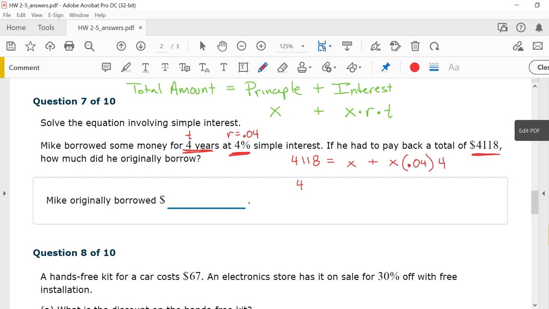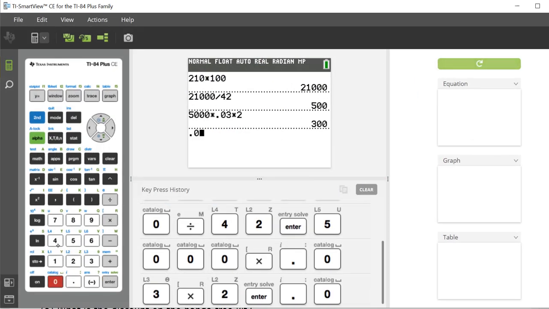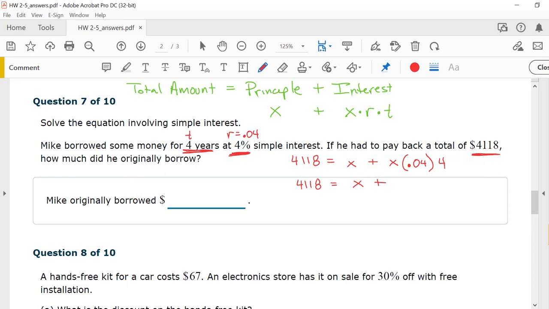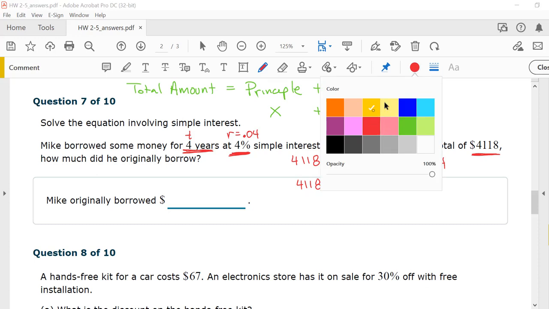So I have 4,118 equals X plus, okay, what is 0.04 times 4? That's 0.16. So X plus 0.16X. Now I can combine those like terms.